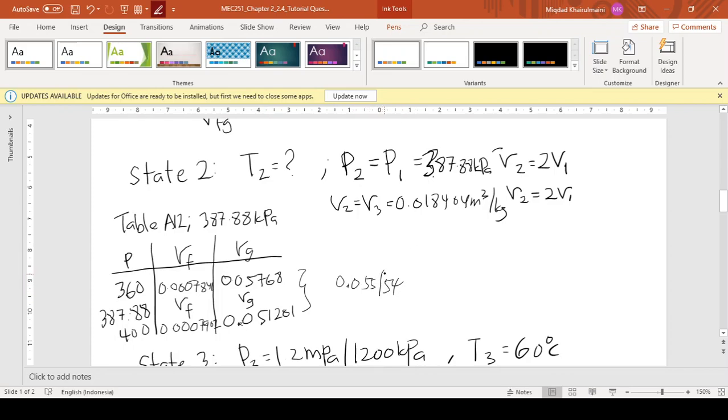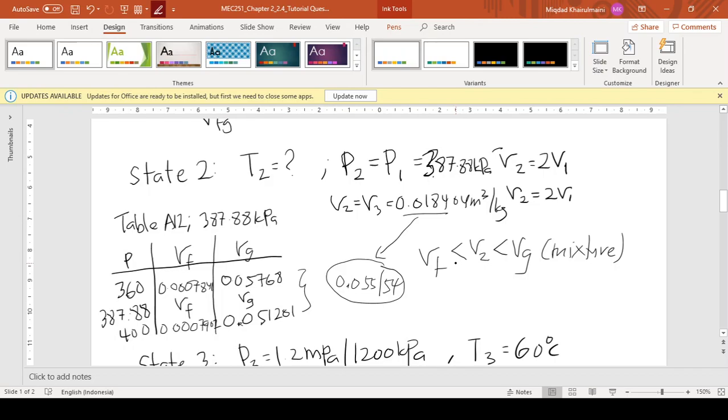If we estimate Vg and compare it to this, definitely this is less. So V2 here is less than Vg. And from our estimation, if we compare to Vf, it is definitely greater than Vf. So state 2 is also still a mixture. If we do interpolate and get the values, we can see that it's still a mixture.